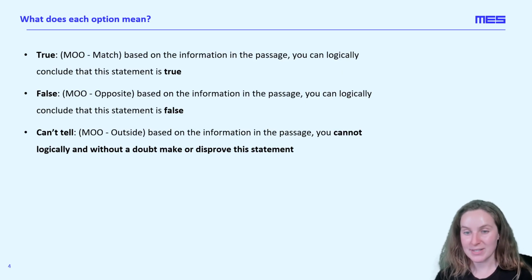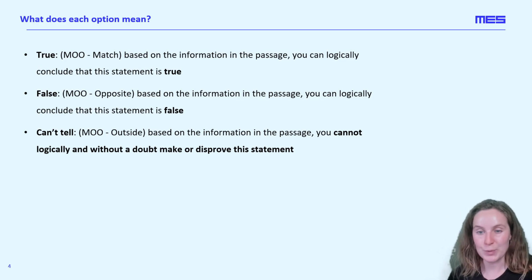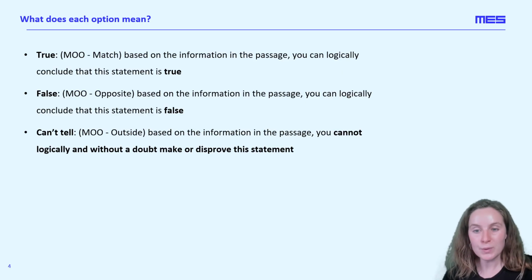Now, sometimes that is a little bit tricky in that the wording again might be not on par, so it won't be the same exact words with a yes or a no, but rather that there are synonyms or antonyms used. The mnemonic uses opposite for this.